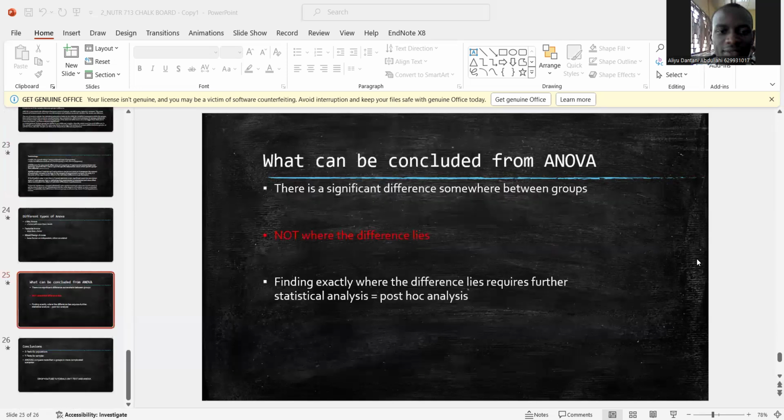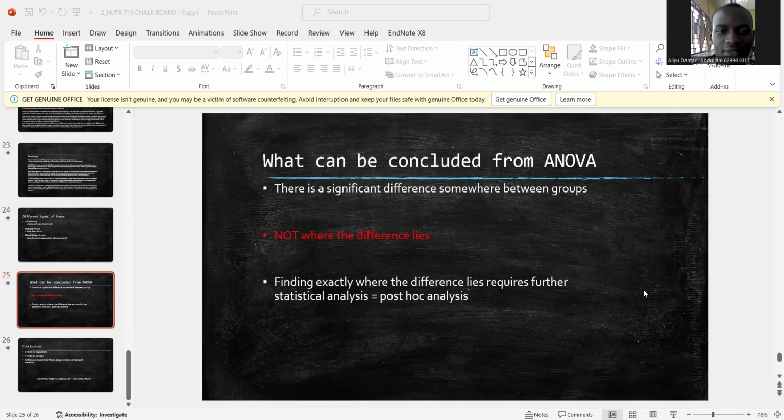Okay. So what can be concluded from ANOVA is that there's a significant difference somewhere between groups, of course, not where the difference lies. Finding exactly where the difference lies requires further statistical analysis called post-hoc analysis. Of course, yes. So maybe you have to find time to do that.